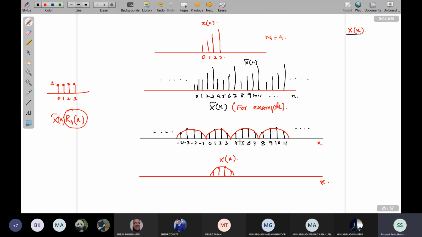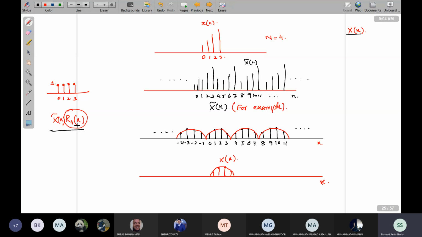So when I get this x tilde of k, which is a periodic thing, we know that discrete Fourier series coefficients are periodic as well. So what we will do is multiply x tilde of k with r n k. N in this case is 4.